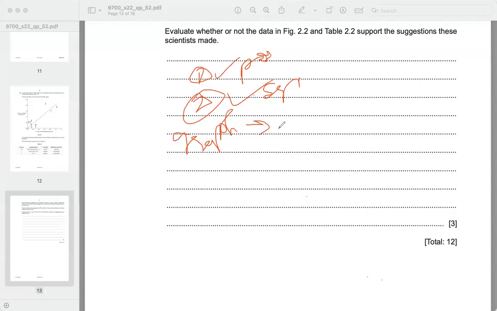A to H, you can see, are all together in the graph, whereas D to J are all together in the graph. Similarly, we find the same in the table, that they have shown a negative correlation and a non-significant conclusion. So please make sure you write from the table, use the term from the table.